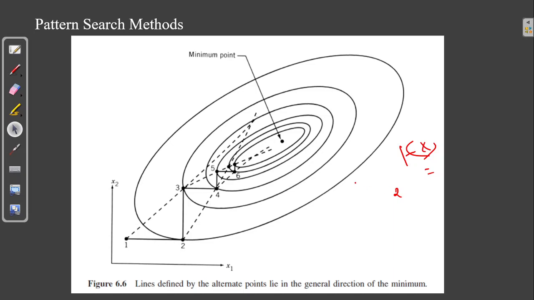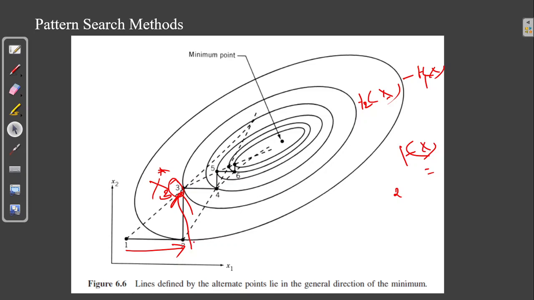In the univariate method, we have searched for the optimal solution in the x1 direction, that is, we went in this direction first, and then we went in this direction, and then we reached point 3, where we got the optimum solution x3 star, right? In this manner we have searched for the optimality.